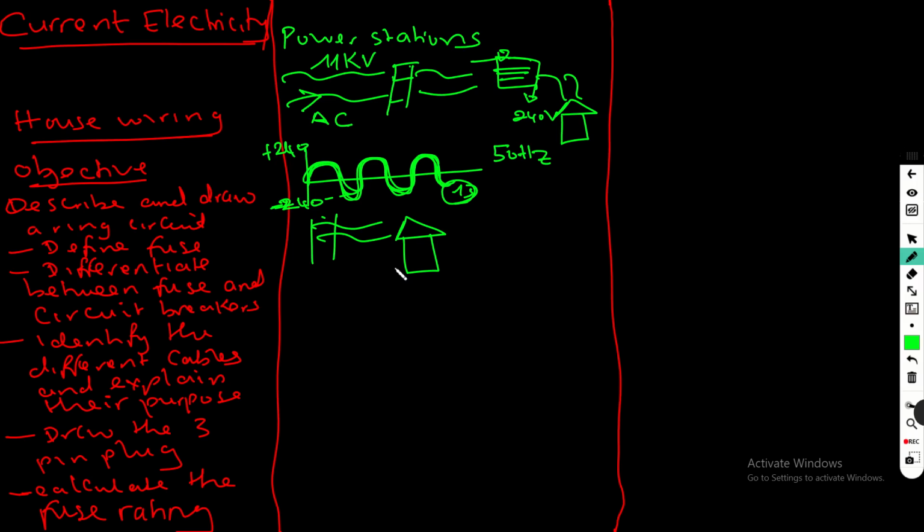For us to electrically wire the house, or electrical installation, the arrangement of electrical installations in the house is what we call house wiring. So house wiring is the arrangement of electrical installations.